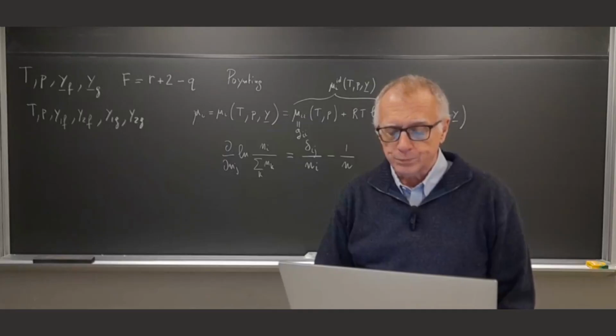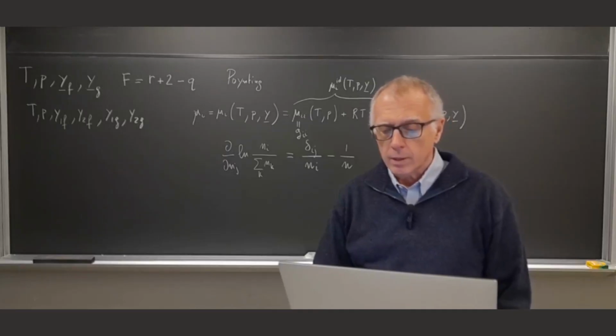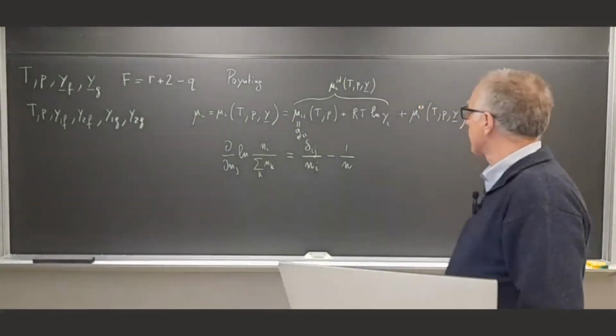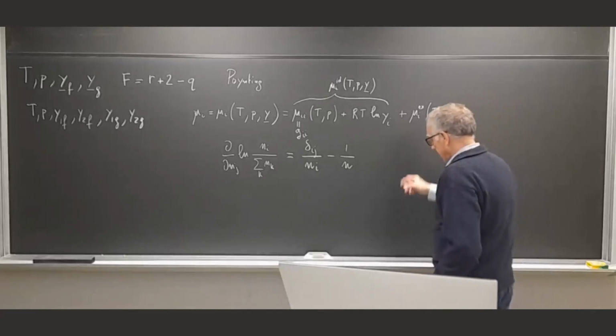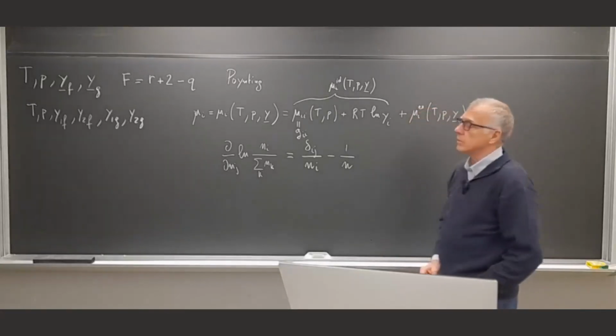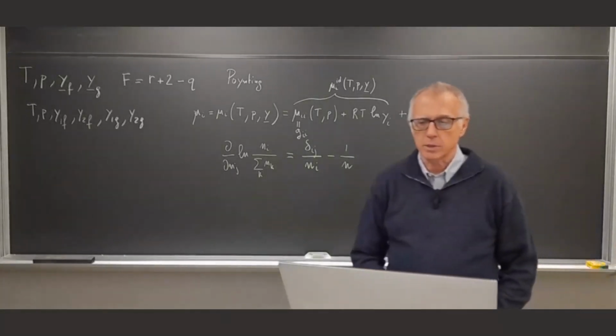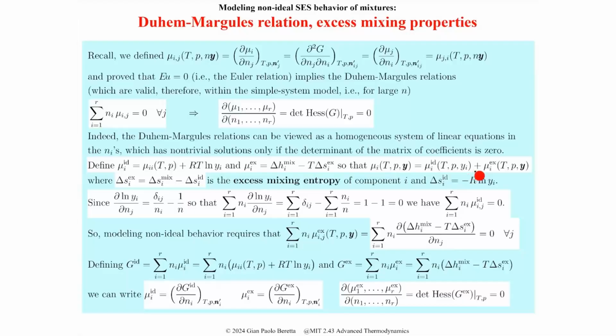Also, since we have defined these properties of mixing, by the way we define them, it turns out that what we decided to call the excess chemical potential is equal to the difference between the enthalpy of mixing and the entropy of mixing multiplied by the temperature.